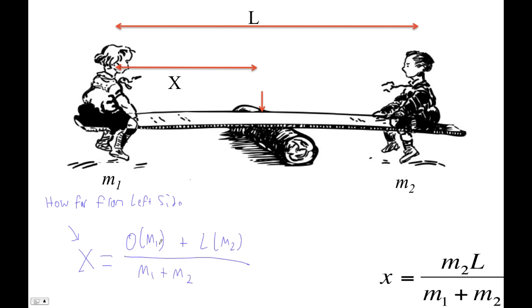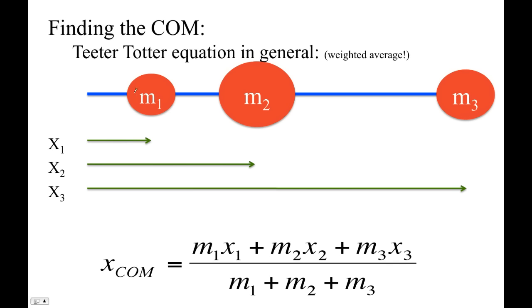That's the real form of this thing. It's just that m1 happened to be right at the left side. So you can generalize this formula if you've got m1, m2, and m3. The general form is m1 times x1 plus m2 times x2 plus m3 times x3, all over the sum of the masses.